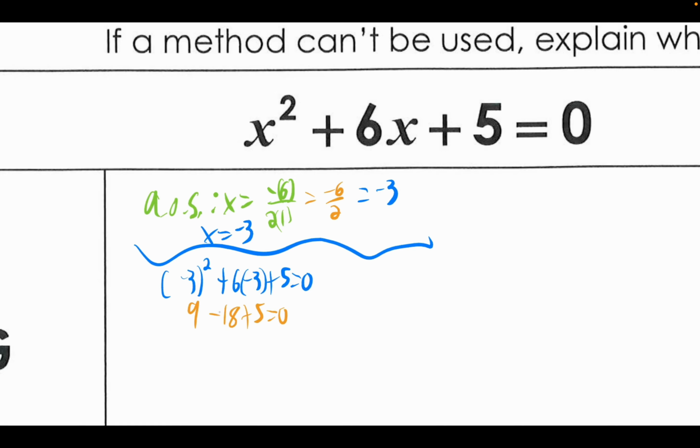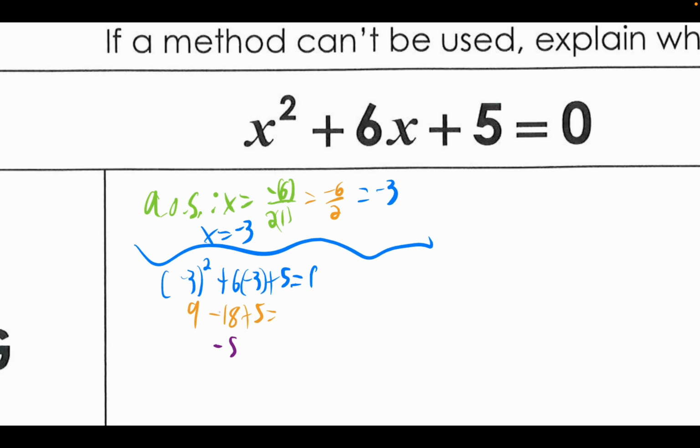Which is negative 4. Oh, I don't know why I'm putting equals 0 here. That's kind of silly of me. This should be f of x, really, not equals 0 on this. The equals 0 would be more so when you're already finding the zero. In this case, we are setting an equation, so this would really be equal to y, or f of x, for example, or f of negative 3.